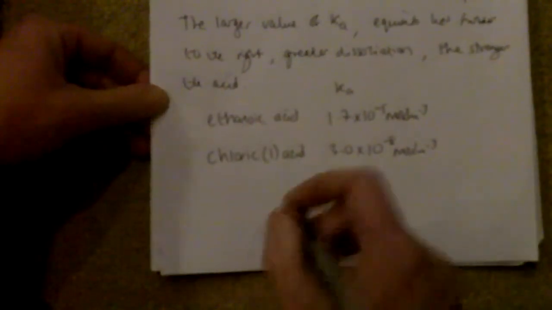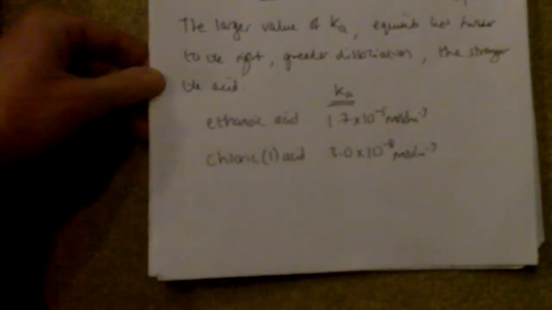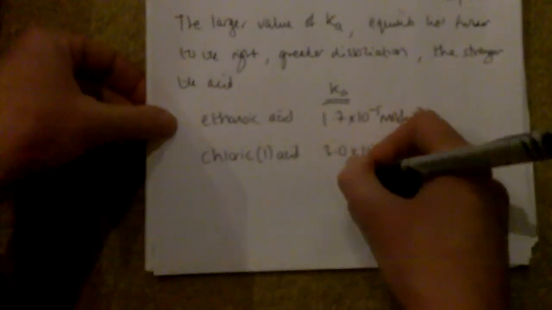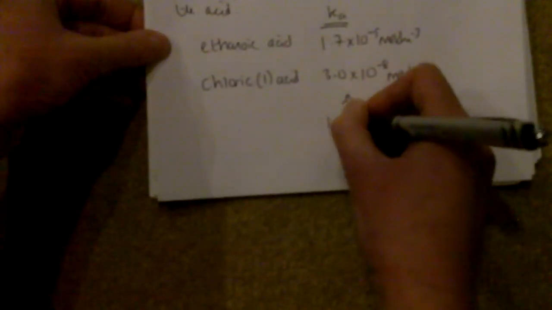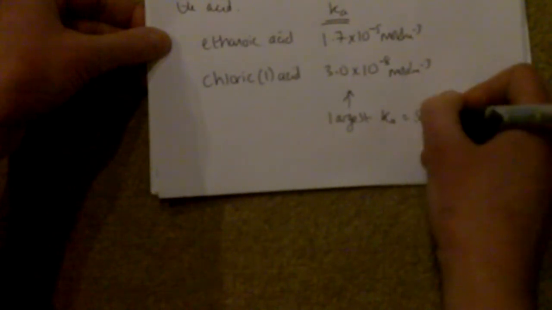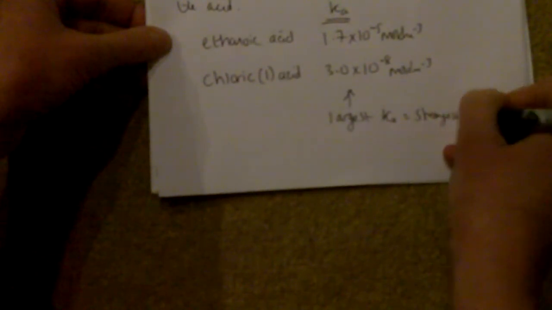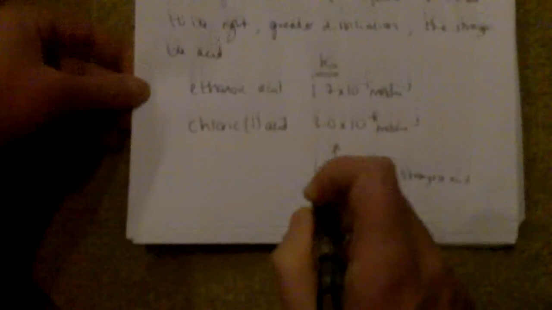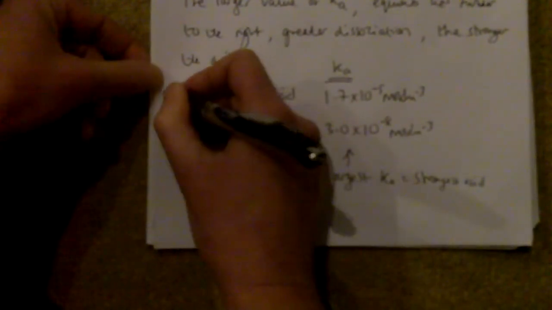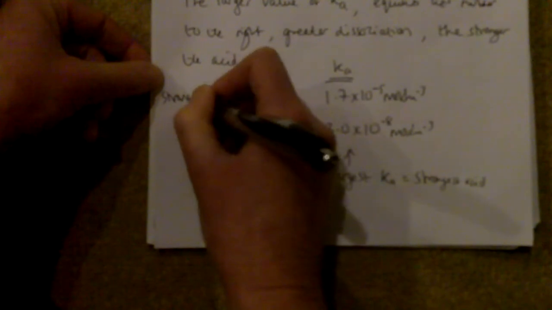Now, which of these acids is the stronger acid? They're both weak, but which is the stronger acid? Well, the one with the largest Ka is the strongest acid. Can you see that the largest Ka will actually be this one? So this is the strongest acid, ethanoic acid.